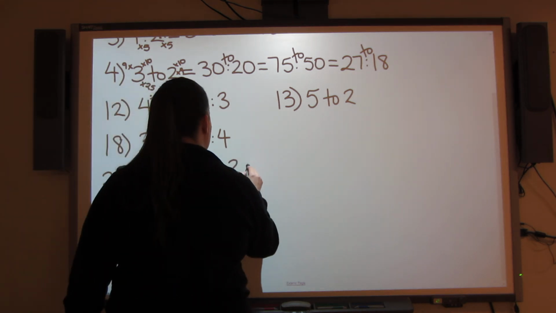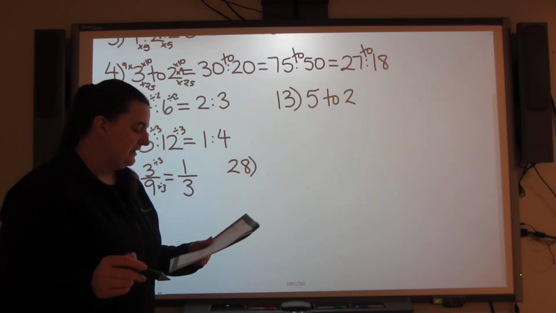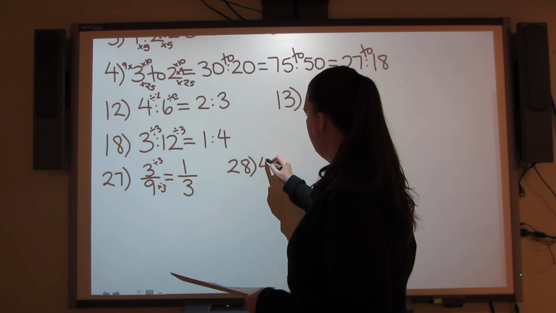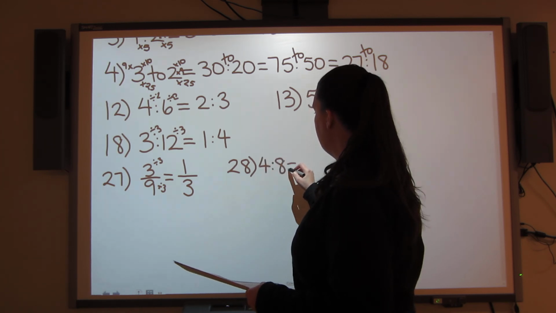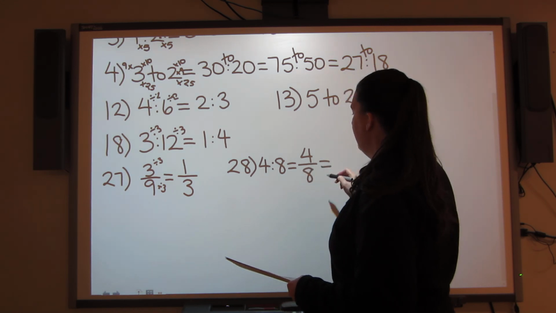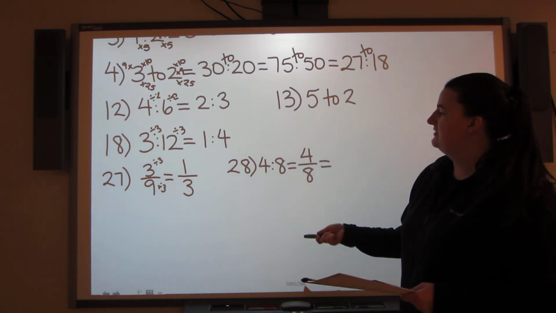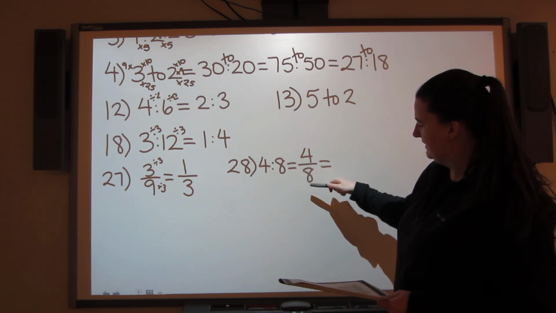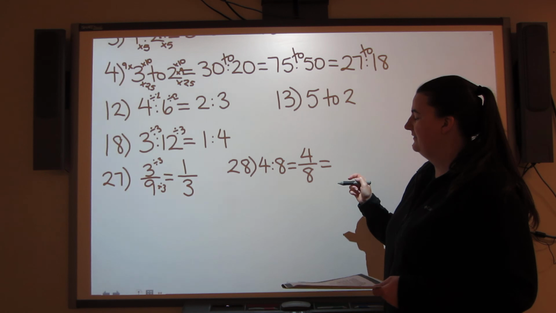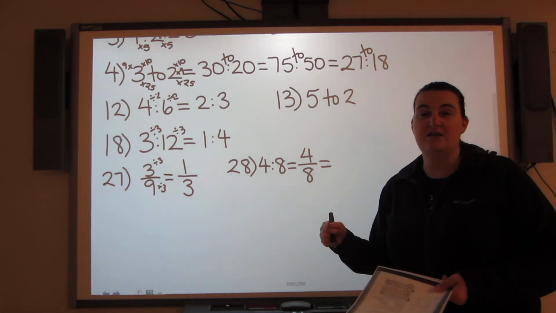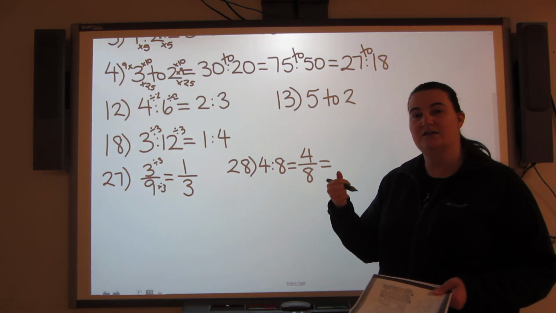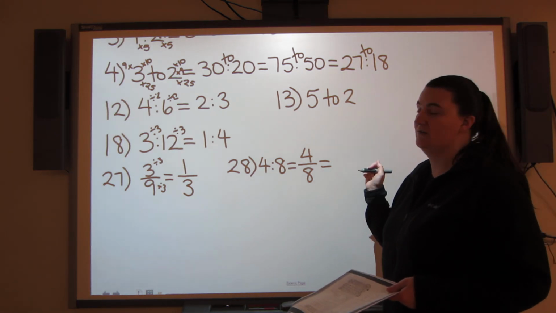Let's try number 28. Number 28 is written 4 to 8. So what I need to do is write it as a fraction, 4 over 8, and then find lowest terms. So you think of all the numbers you can divide into 4 and all the numbers you can divide into 8. I can divide 1, 2, and 4 into 4.